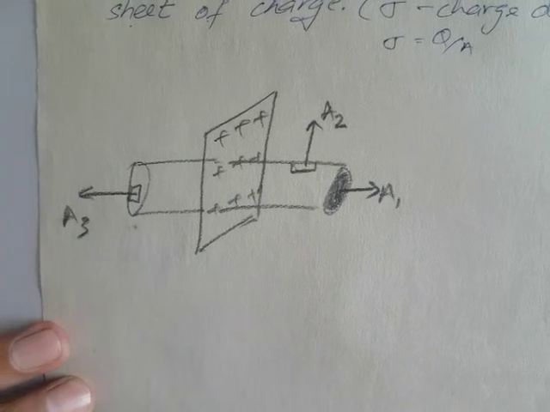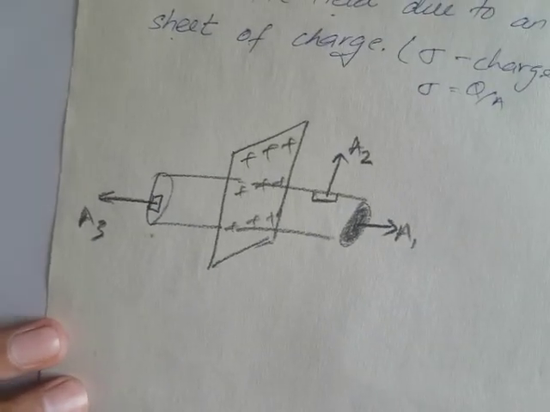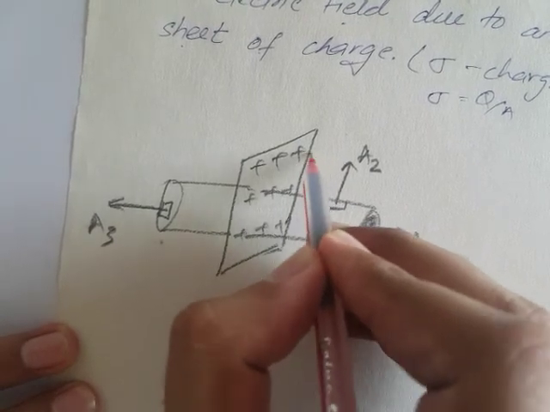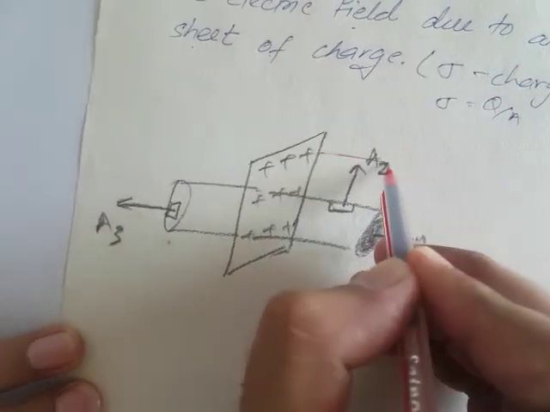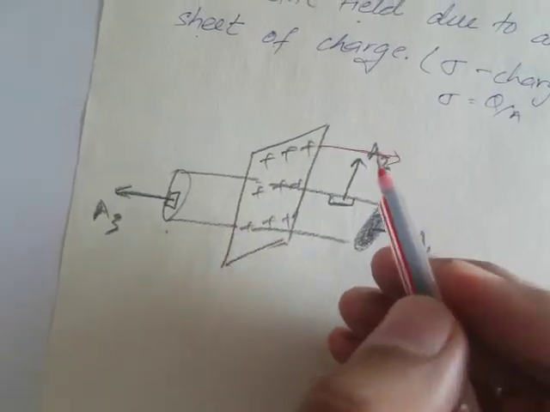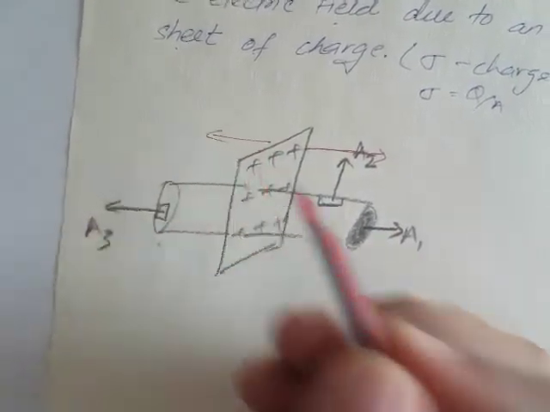Now, as per this, we draw the electric field. The electric field is in two directions, so first we draw a diagram for the sheet. It goes in two directions, either forward or backward of the sheet.